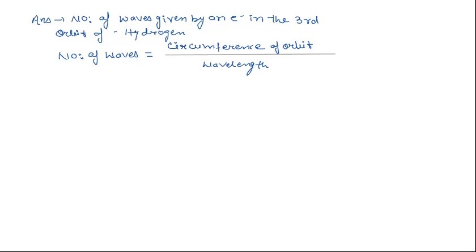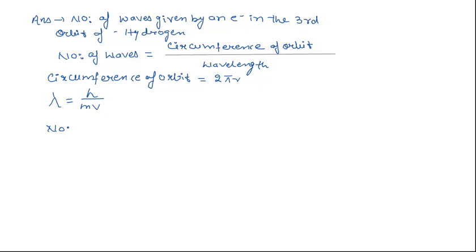Right? So what is the circumference of orbit? The circumference of orbit is equal to 2 pi r, and wavelength, that is lambda, is equal to h by mv, right?